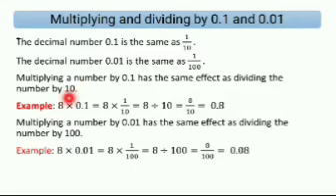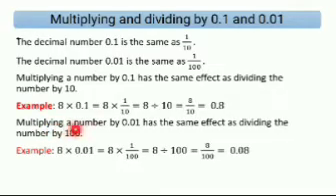Now for example, 8 multiplied by 0.1 is the same thing as 8 multiplied by 1 over 10. So 8 multiplied by 1 is 8, then divided by 10 we have 8 over 10. Then 8 divided by 10 is the same thing as 0.8.